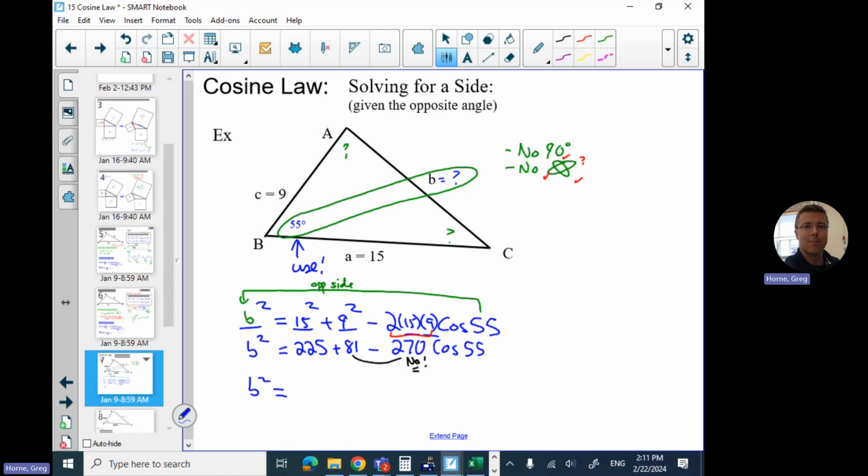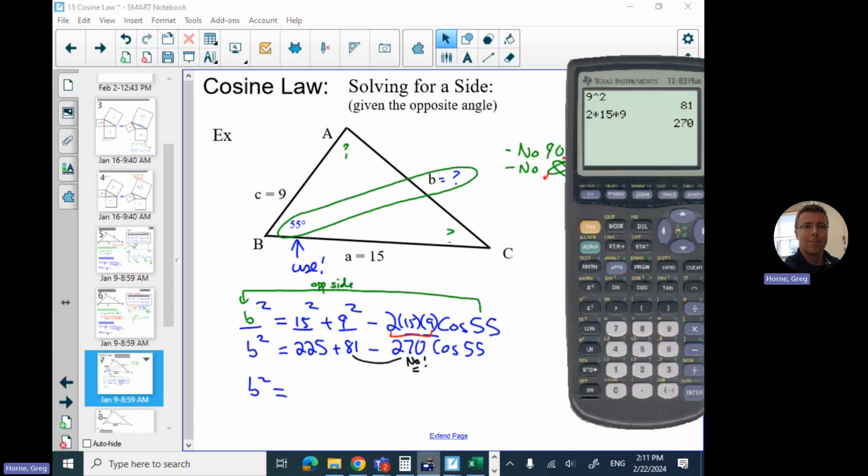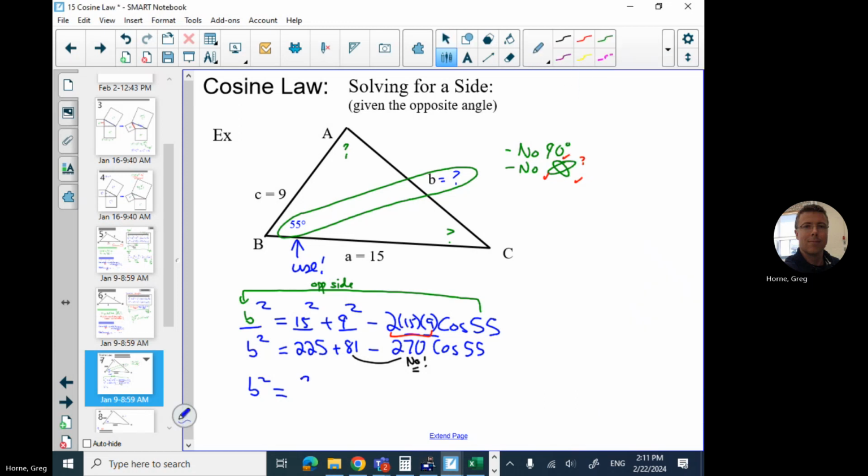Let's do the 225 plus the 81, just to save our brains here. We'll just do 225 plus the 81 gives us 306. We have 306 take away the 270 times the cos 55. So definitely have to make sure to do this stuff as a number, right?